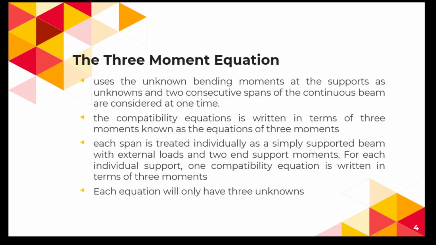And in each equation, we'll only have 3 unknowns. So, di ba, from our lessons on algebra, the learning that we have is that if we have 3 unknowns, we at least should have 3 equations also in order for us to determine our unknowns.